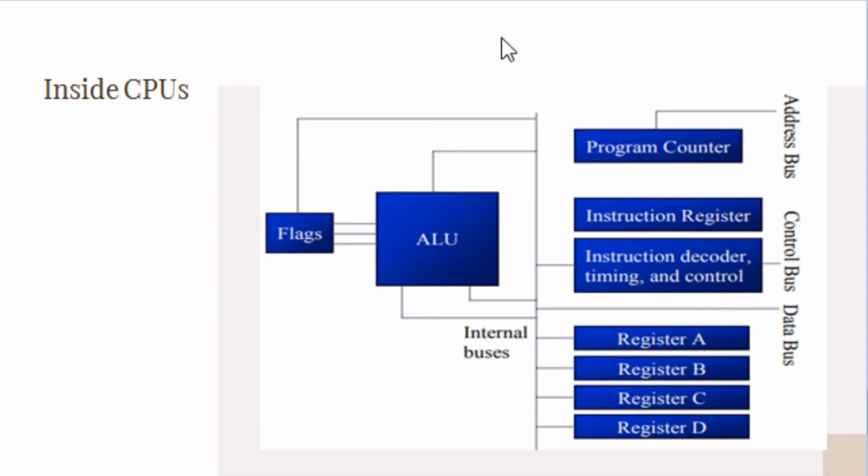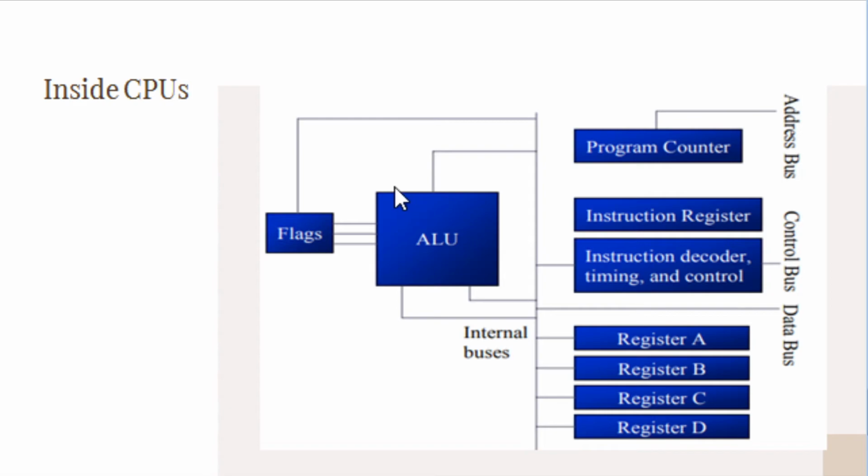We have said that a CPU is the brain of a computer. Why is it called so? A CPU has a component called ALU. ALU stands for Arithmetic and Logic Unit. It performs all the arithmetic and logic functions.